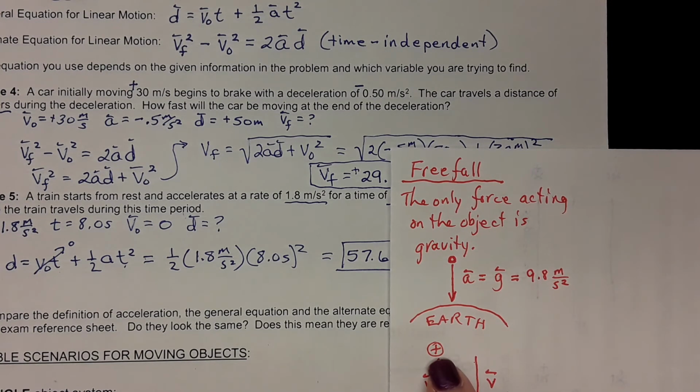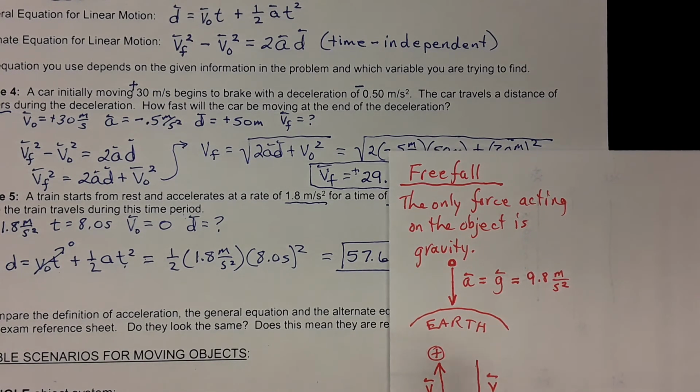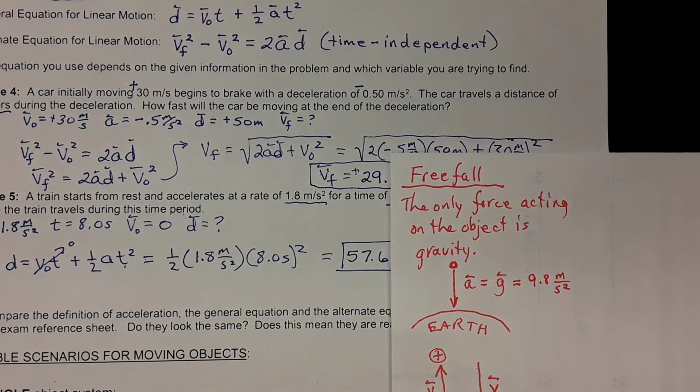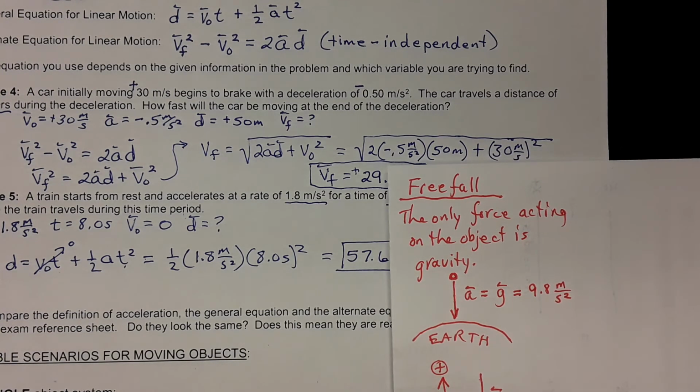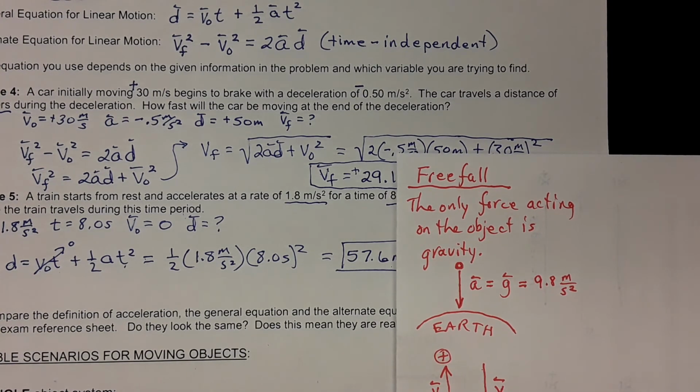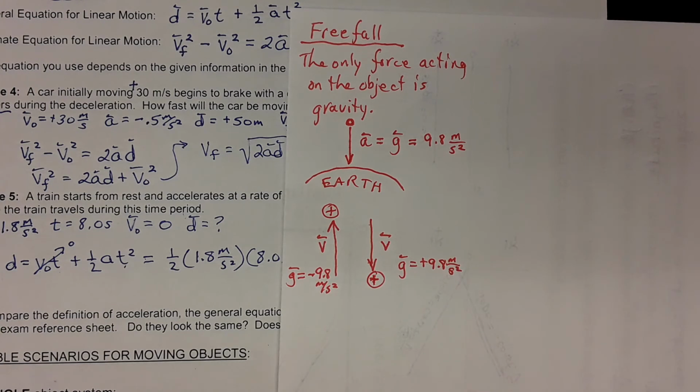So if you're choosing up as positive, then down has to be negative. If you're using down as positive, then the acceleration due to gravity would also be positive in this case. Okay, so this is how the velocity gets bigger as you fall. This is how the velocity gets smaller as you travel upward before you stop and begin to fall. Okay? All right. Oops, I didn't realize y'all couldn't see that. There it is.